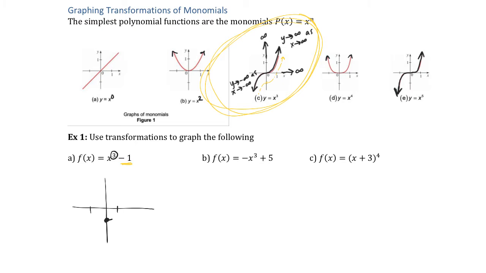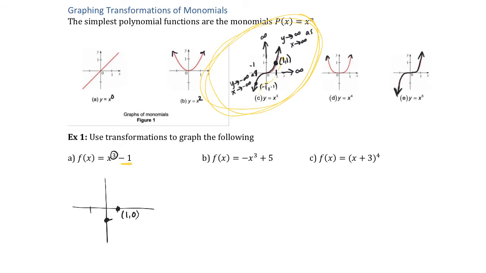And then we still have this point here. If you take 1 and cube it, you get 1, but that's slid down. So instead now of 1 when x is 1, we're subtracting 1 from the output, so that would be at 0. And then here at negative 1, when you cube that, you're at this point, negative 1, negative 1.